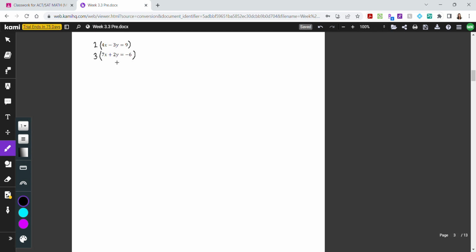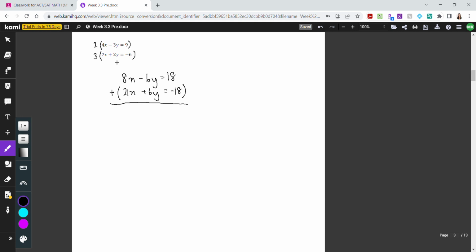All right, so once we multiply, let's do the top equation first. We'll get 8x minus 6y equals 18. And the bottom, once we multiply, is going to be 21x plus 6y equals negative 18. Okay, put a parentheses around. Oh look, different signs. So that means I want to add the equations to get rid of the variable y.